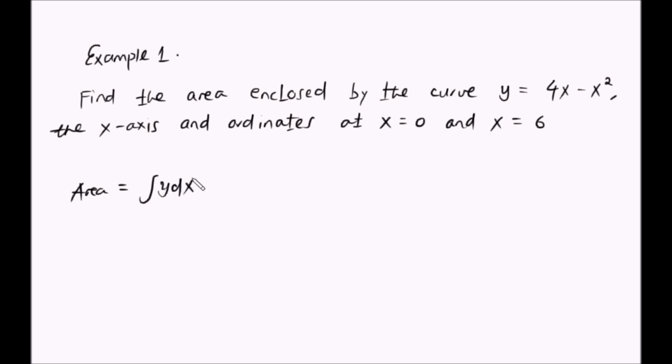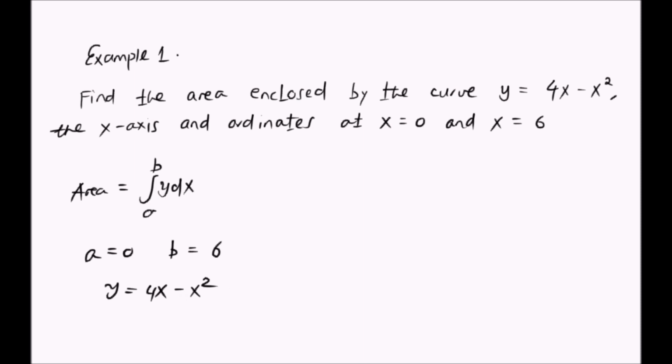So mara zote actually hii integral hii itakupa area between the curve and the x-axis. Okay? So hapa amesema between the ordinates at x equals to 0 na x equals to 6. Si unajua hapa niliweka a na b. So a yetu ni 0, b yetu ni 6. So our curve now y ndo hiyo 4x minus x squared.